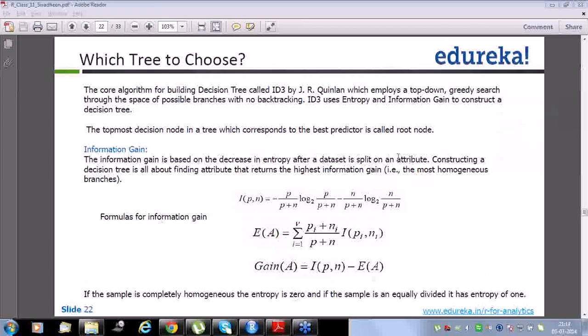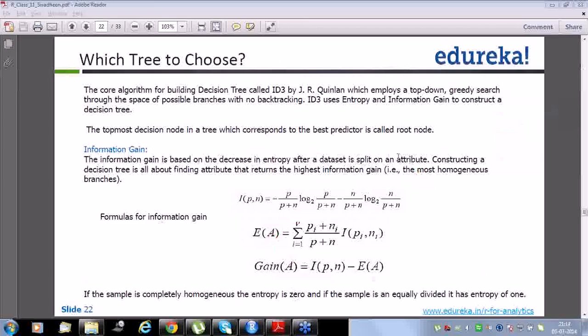So if I say the entropy of the room before the child enters, and the entropy of the room after the child, it would have increased. So entropy, do you understand?